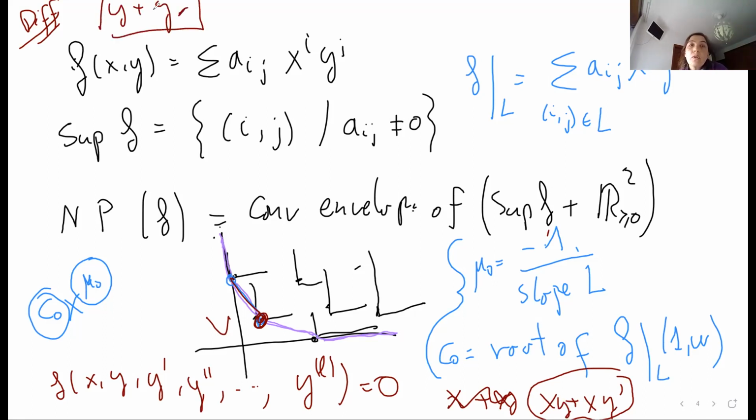The Newton polygon of x plus y plus xy prime is just one point, and it does have a solution. So now instead of taking into account only edges, we have to take into account edges and vertices.